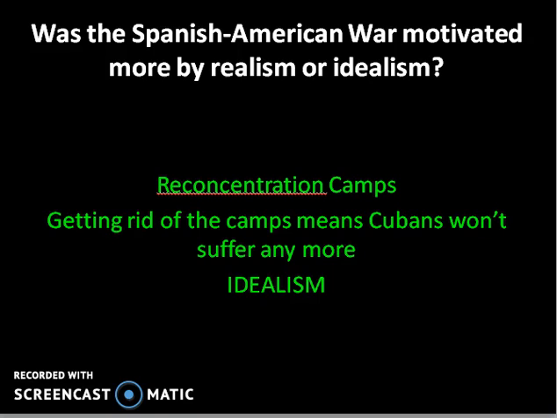And our final reason for this video is going to be reconcentration camps. Easy to mistake with concentration camps, but these are reconcentration camps. And essentially what Butcher Weyler does is he's going to take the entire population of Cuba and locate them into these camps. He's going to reconcentrate their population. The idea is if he can keep an eye on all of the Cubans, the ones that are not in these camps will then be labeled as the hostiles or the rebels, and he can go after them.